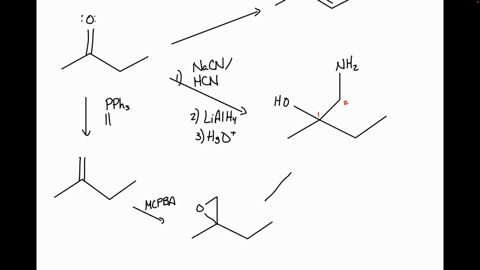Which we could then treat with a nitrogen nucleophile and get the exact same product. This would be like the money is no option path here. It'd be far more expensive to try to do it this way, but you could do it, right? This reaction scheme would also produce the same product. Okay, so again, anytime we see these 2 functional groups, 2 carbons apart, that kind of limits in our mind what the possible reactions were to create that.